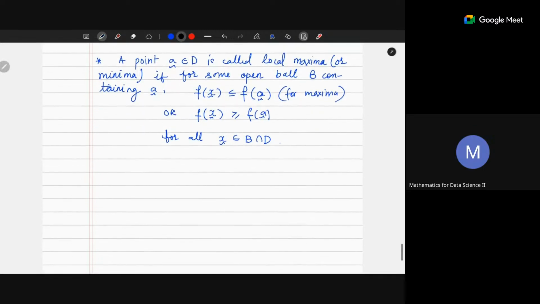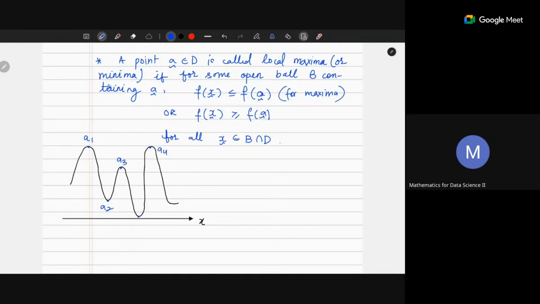For example, let me draw a figure. This is a graph of a one-dimensional function, where the x-axis is below and then you have drawn the graph. Let's say there are four points that you can see as extremums: A1, A2, A3, and A4.